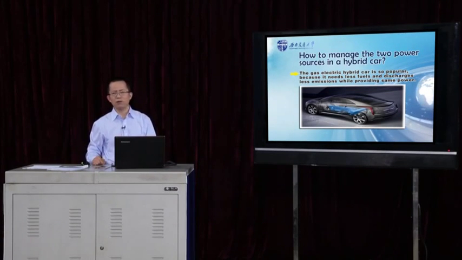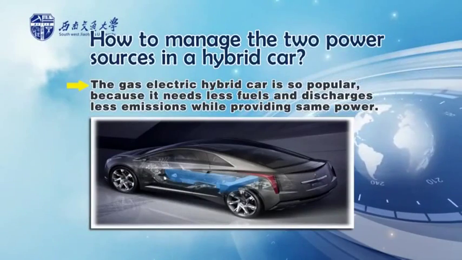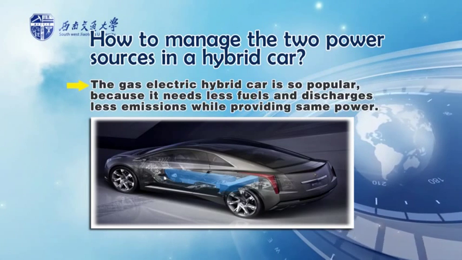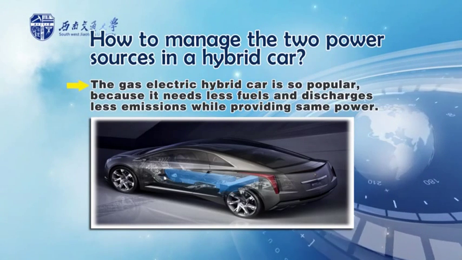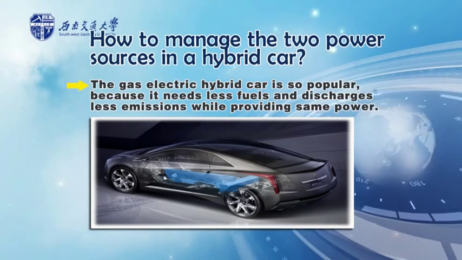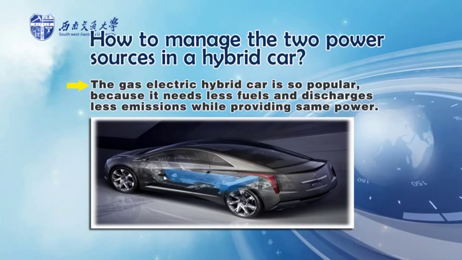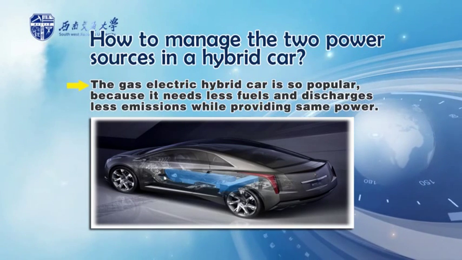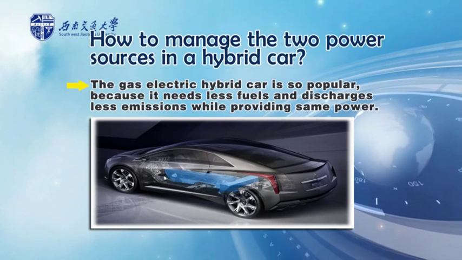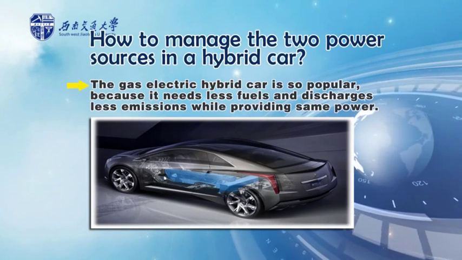The most famous one is the Prius from Toyota, and also the Mercedes-Benz S-Class. They have the S400L. Now, the Mercedes-Benz 400L version is always a hybrid powered car.